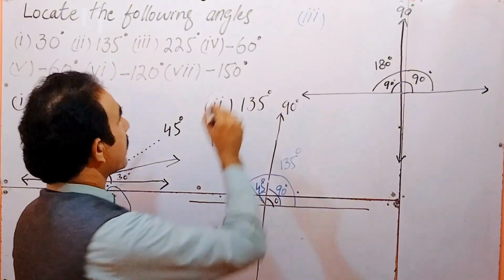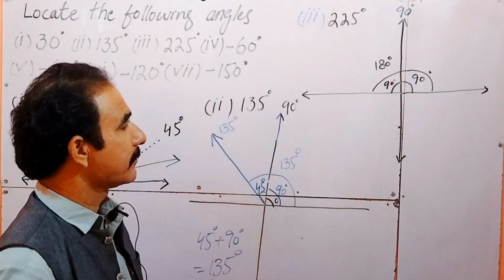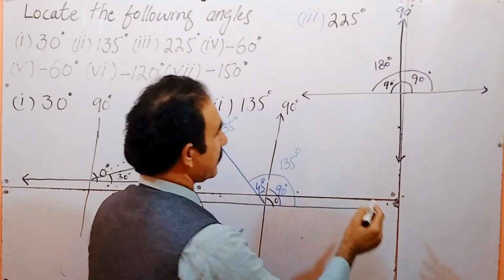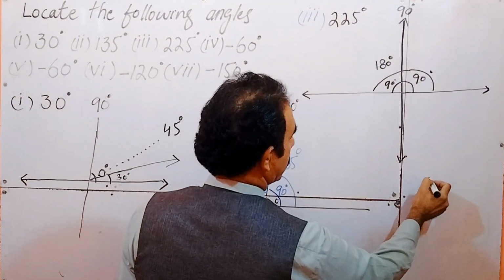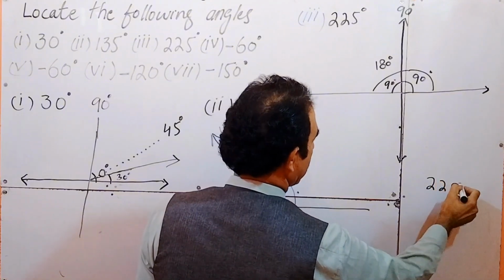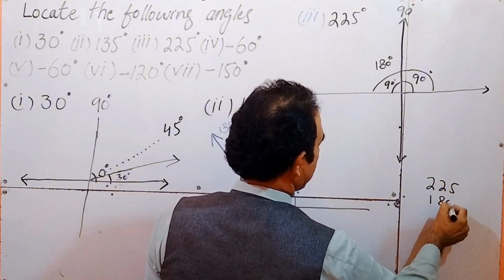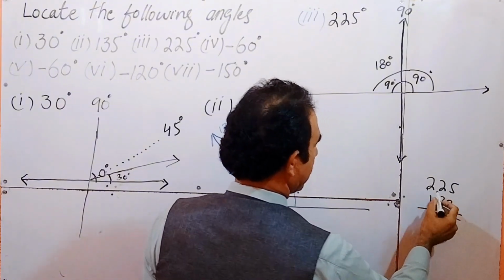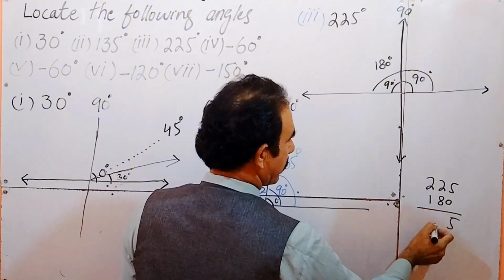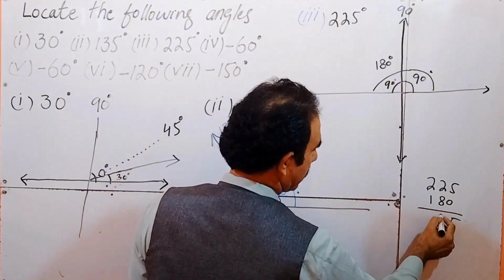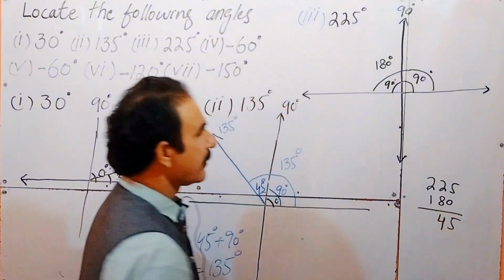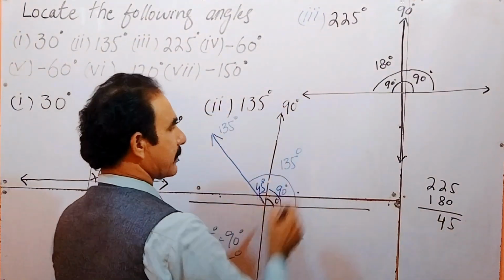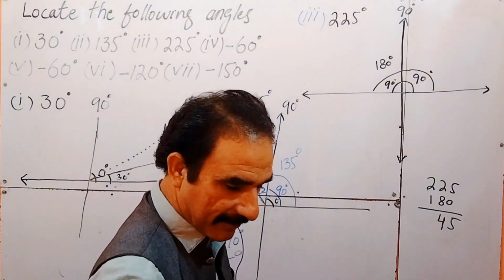We need here angle. Now we see 225 minus 180. That is 45. It means here we need angle of 45.